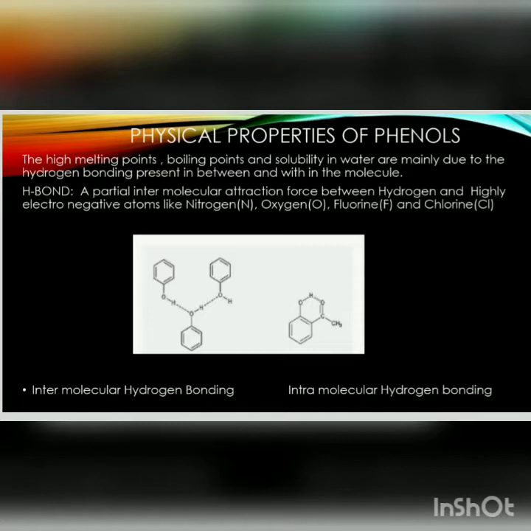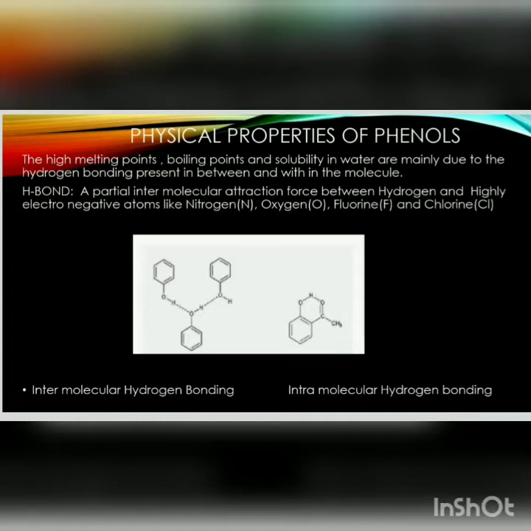If the hydrogen bond is formed between two molecules, it is known as intermolecular hydrogen bonding. Then what is intramolecular hydrogen bonding? Within the molecule only. If a hydrogen bond is formed within the molecule, it is known as intramolecular hydrogen bonding.